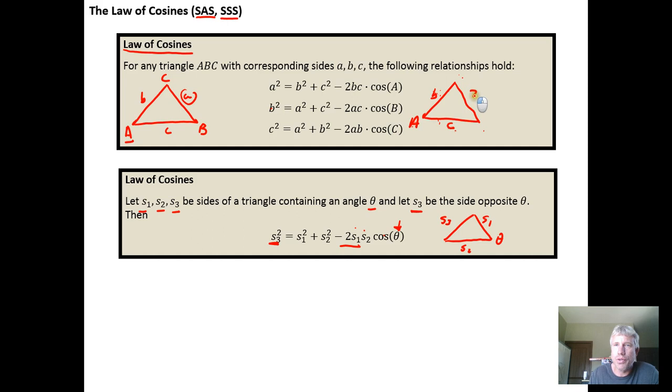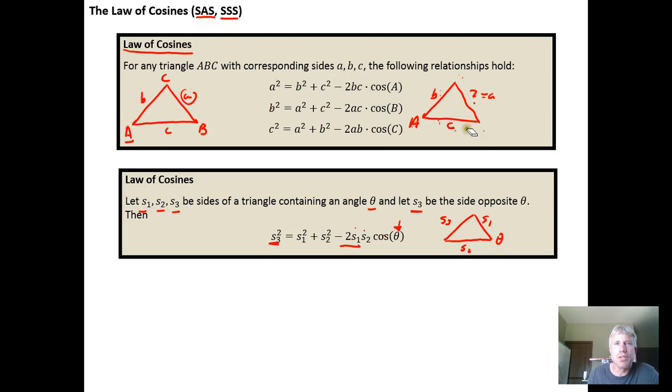That means I don't know the side opposite A. I don't know what little a is. And what you can see is, using this formulation directly, we would be able to solve for a, because we could plug in our values for b and c, and we could plug in the angle A that we know. We could simplify this and then take the square root of both sides to find the length, and we would take the positive square root because a length is going to be a positive value, not a negative value.